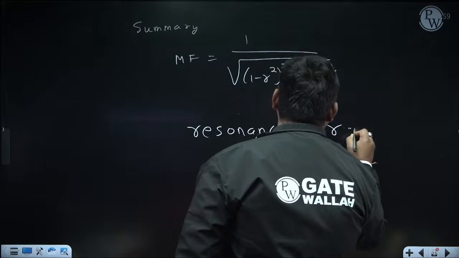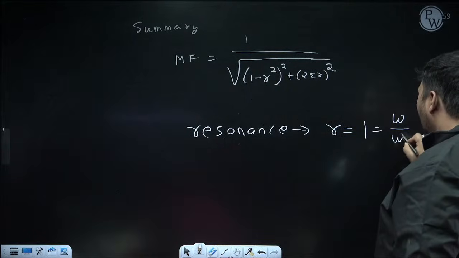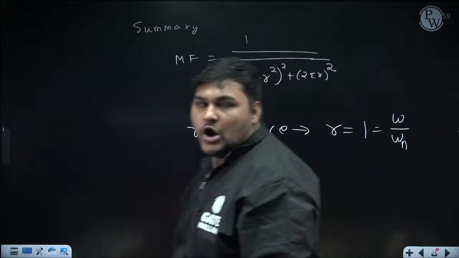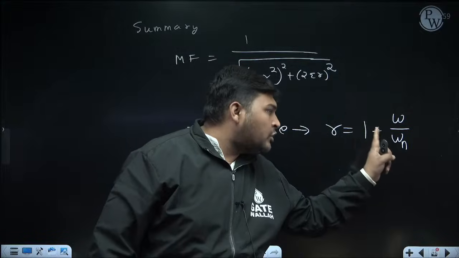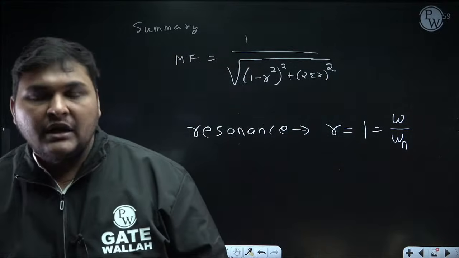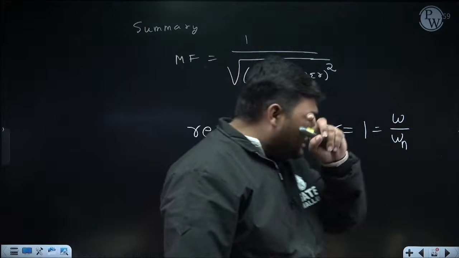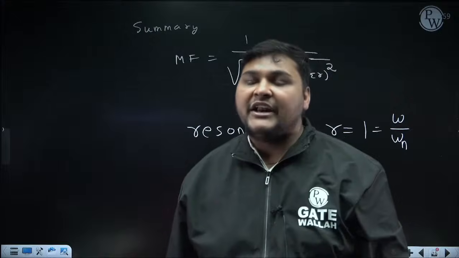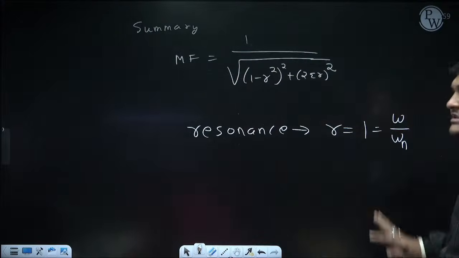Resonance is r equal to 1, meaning when the forcing frequency omega, or the frequency of steady state vibration, is equal to the natural frequency. That condition is known as resonance. So whenever the examiner asks anything at resonance, remember it means the r equal to 1 condition.